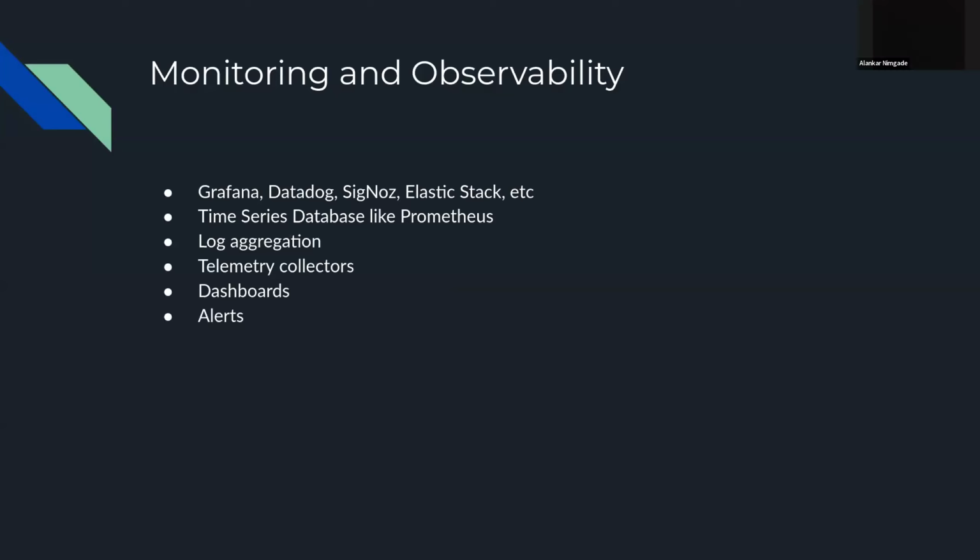Many people miss this, and it is a really important part of DevOps. Once your application is deployed, your job is not done. You need to make sure that the environment is healthy and running properly, and for that we need monitoring and observability.